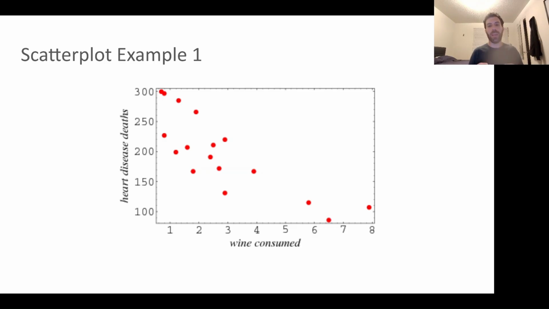It could be the case that the other components of their diet are what's decreasing the risk of heart disease death, as opposed to the wine in particular, right? And this is where things like randomization and blocking could be used to isolate the effect of wine. However, without knowing more details about the study or how this data was collected, we really don't know if there's a lurking variable present or not.